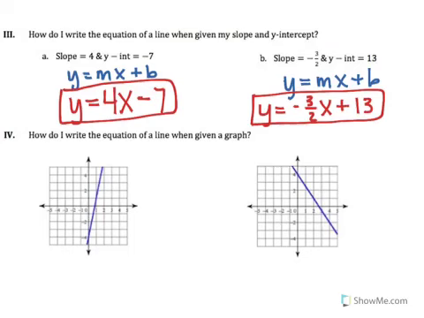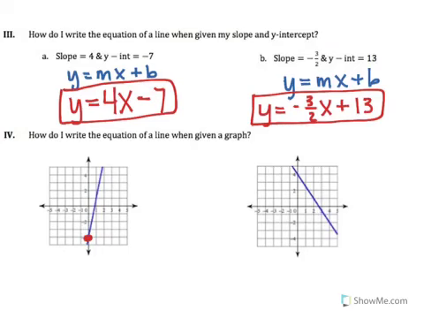Now, let's write an equation of a line if I give you a graph. Once again, you need to identify your y-intercept, and then you can find your slope by taking 2 points and finding your rise over run. So on this first one, I know that my y-intercept is -4.